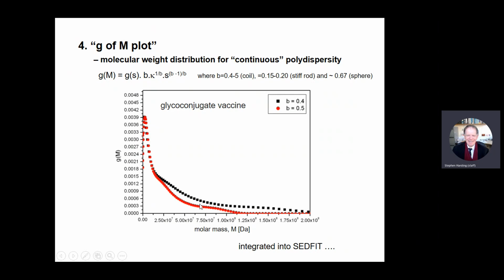And this is the conversion for the two extremes of a random coil, 0.4 and 0.5. You can see how broad the molecular weight distribution of this material is, going up as far as 200 million molecular weight.